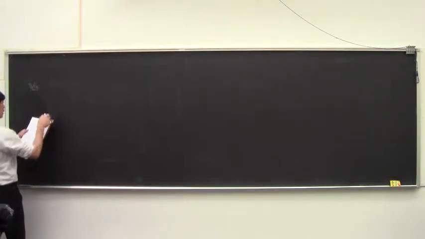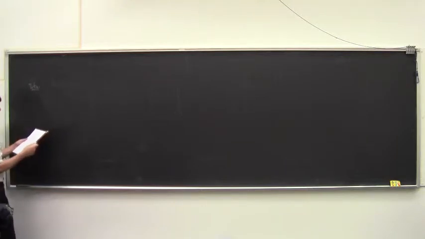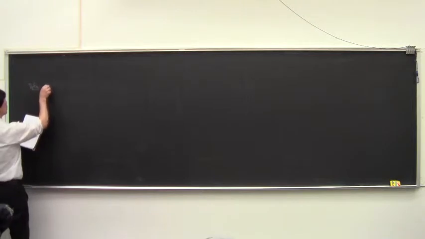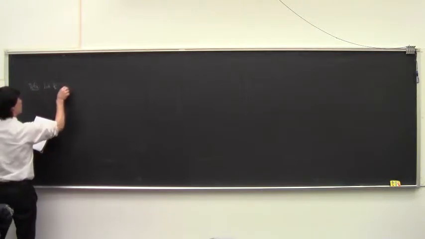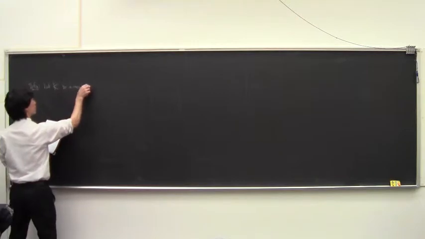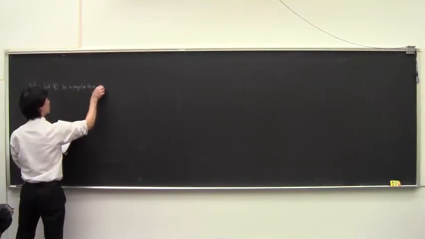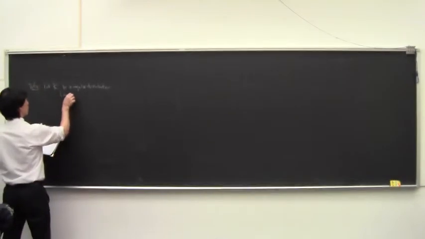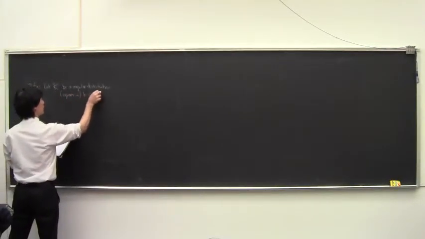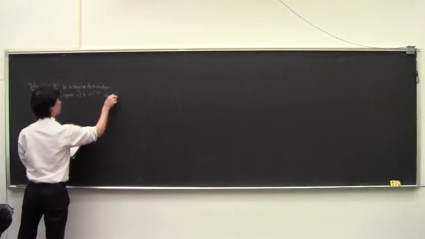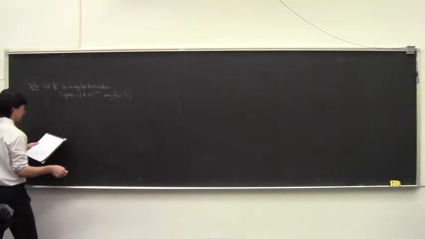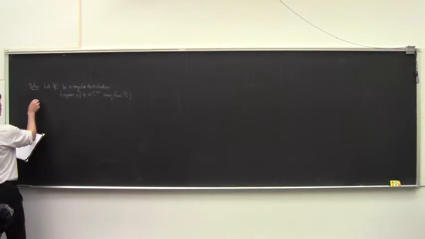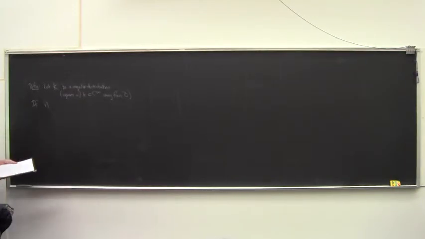Now we come to the main definition. Let K be a regular distribution that agrees with some smooth function away from the origin. And then suppose that K satisfies two conditions.